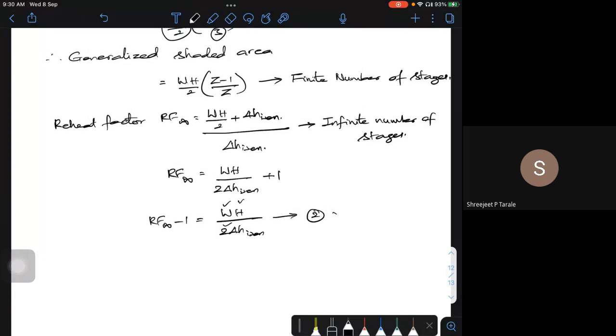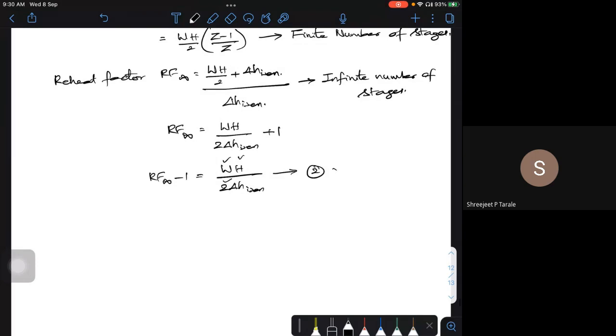So that is your reheat factor. I can write the same thing for the reheat factor for finite stages. Let me write it. Reheat factor for, we can call it RF Z because Z is the number of stages.